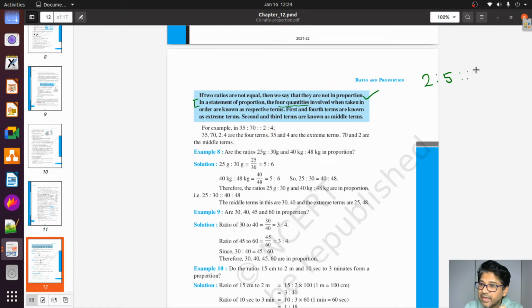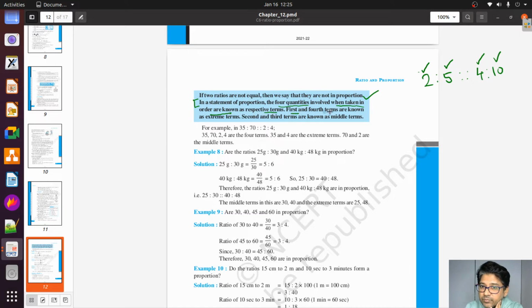So this is a proportion, and there are four quantities: the first, second, third, and fourth quantity. The four quantities involved, when taken in order, are known as respective terms.